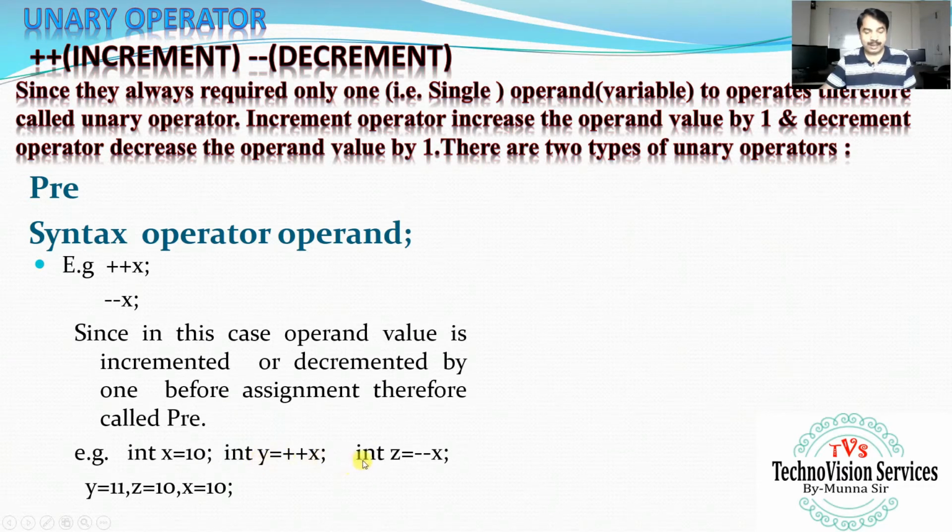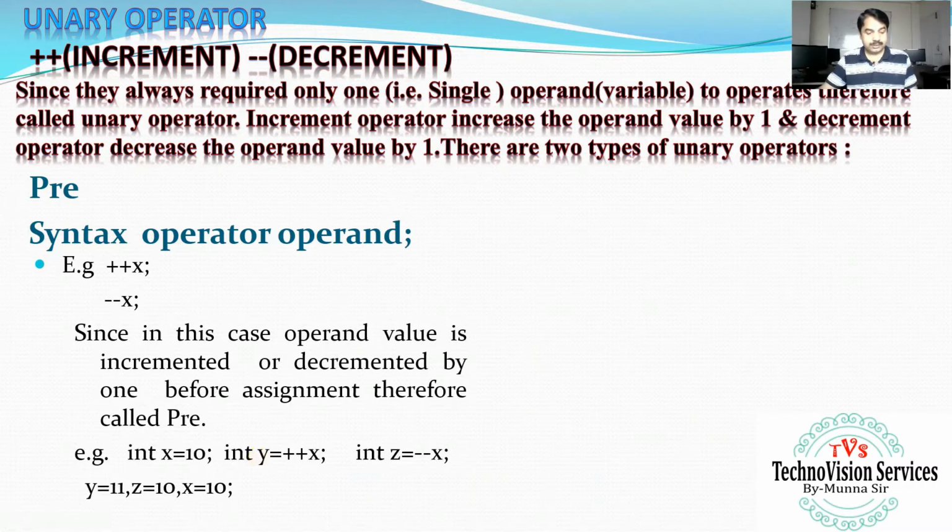Similarly for z we have written --x. The initial value of x is 10, so the value of y becomes 11 because it will first increment and then assign. Therefore y will become 11, whereas z will be 10. Why?